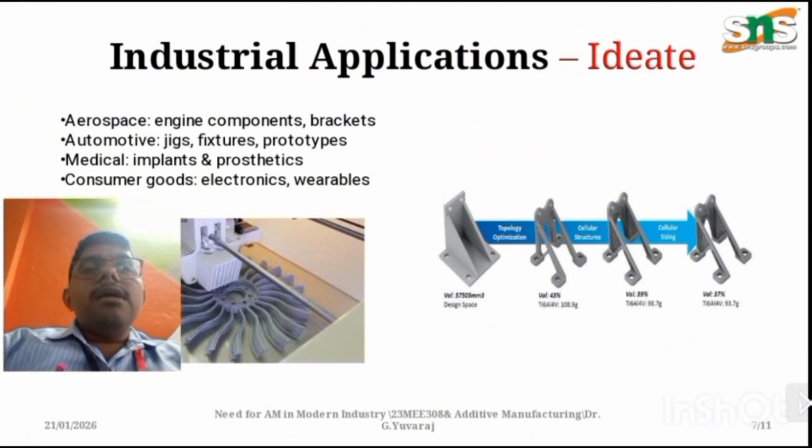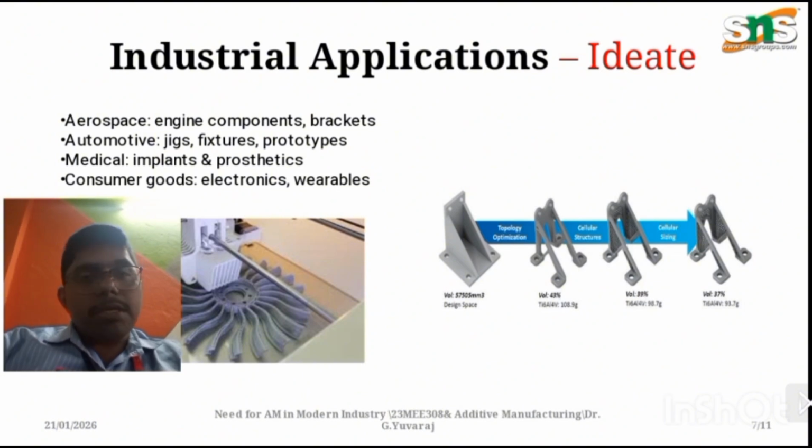In automotive production, jigs, fixtures, and prototypes are the major application areas. In medical, implants and prosthetics, teeth, bones, skull, and some kinds of hand prosthetics are the devices we usually make for medical applications.